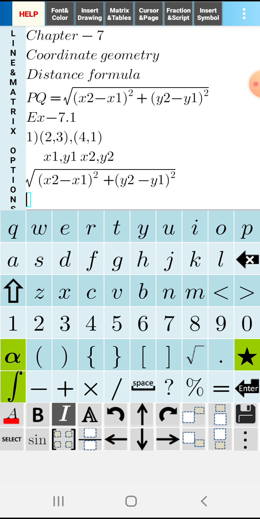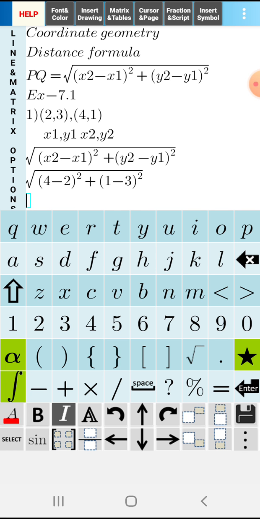Now what you have to do means root of (4 minus 2) whole square, x2 is 4 and x1 is 2, plus (1 minus 3) whole square, y2 is 1 and y1 is 3. So when we solve this, what do we get?